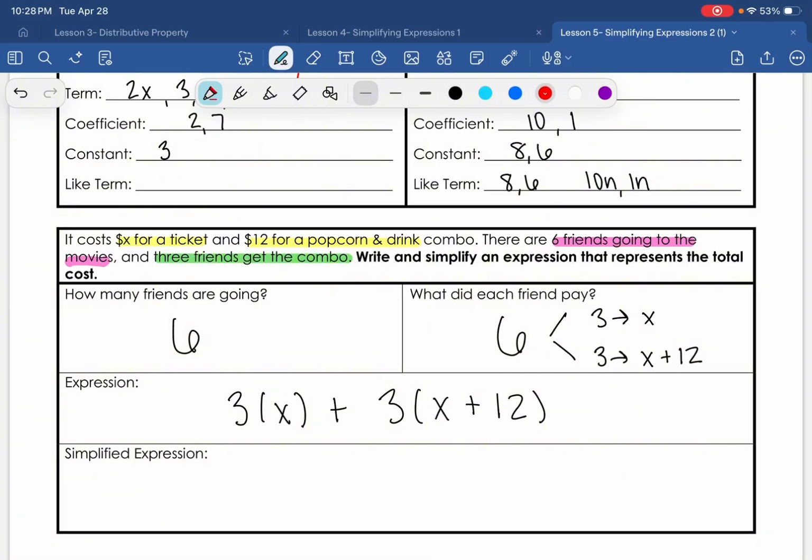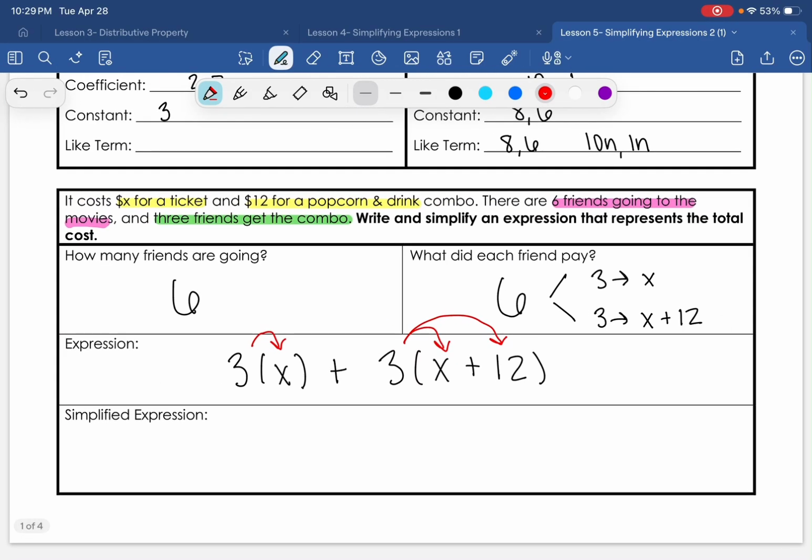And remember, we learned in the distributive property that you share what's on the outside and you multiply it by all things on the inside. So I'm going to multiply 3 by x, multiply 3 by x, and multiply 3 by 12. So when I do that, I will then get 3x plus 3x plus 36. And now I can combine like terms.